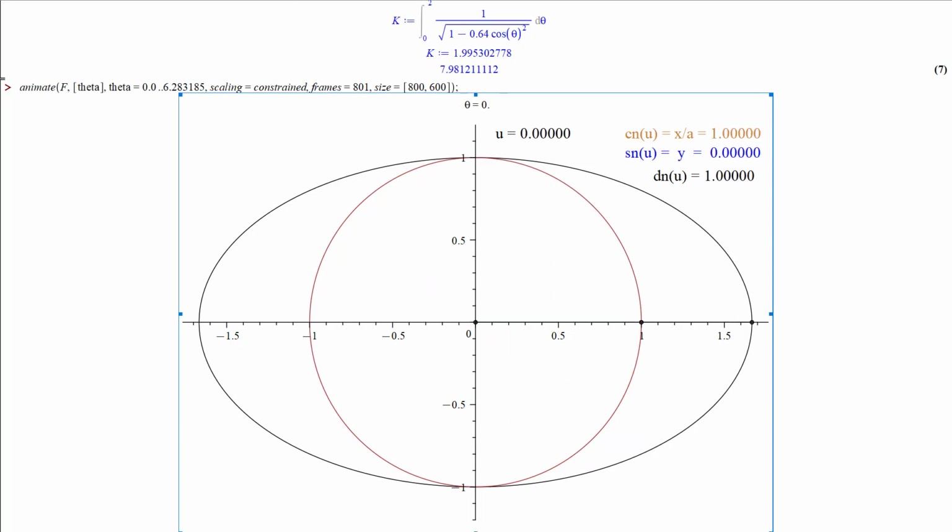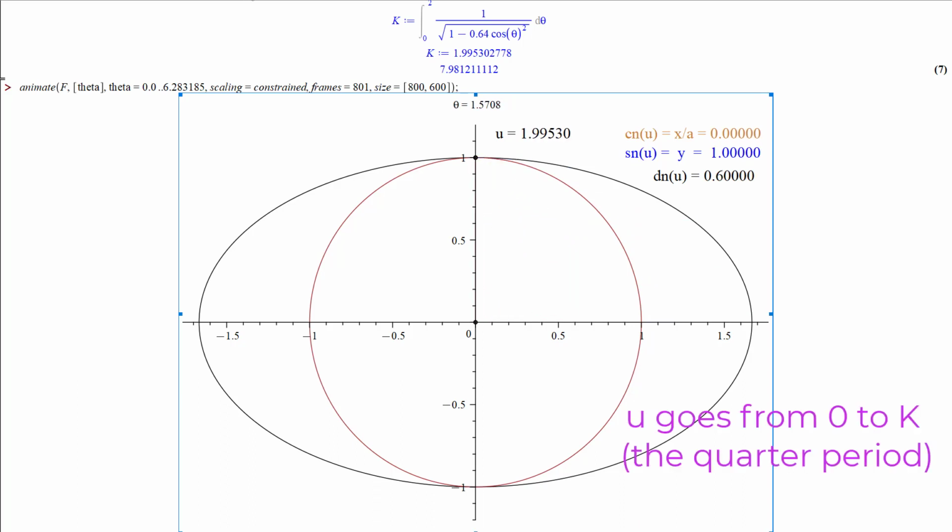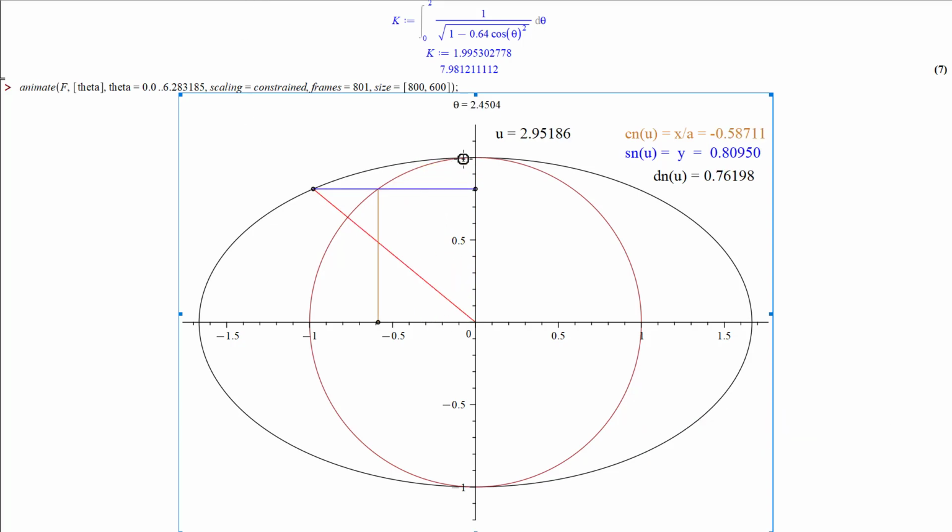As theta goes 0 to pi over 2, u goes 0 to K. And then here we are, theta is between pi over 2 and pi, but u is between K and 2K. And so it's similar to sine and cosine. The period will be 4K, because it's in terms of u.